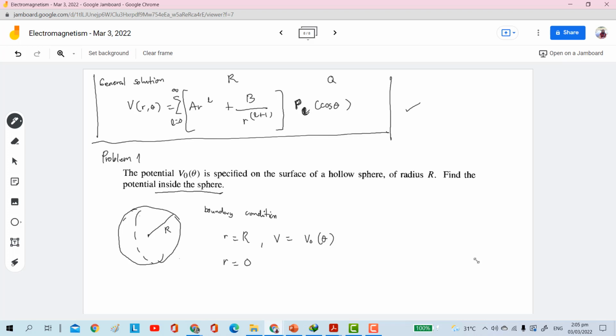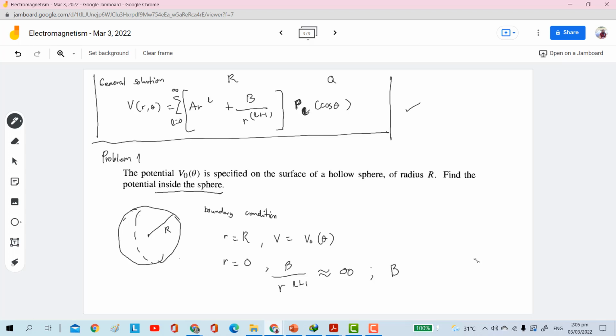So, it must be, or it should be that, kini siya nga term B divided by R to the L plus 1, this will become infinite.